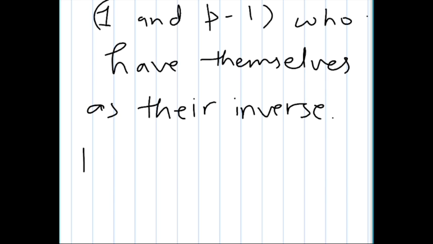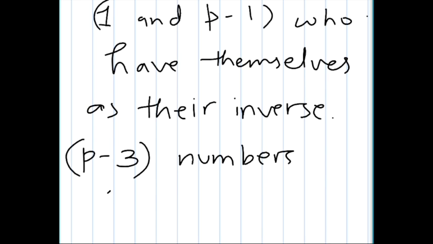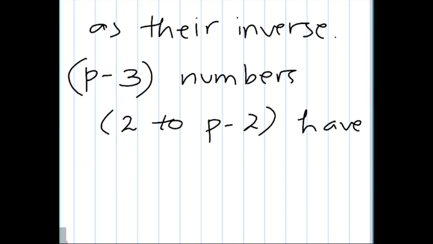So then we have p minus 3 numbers, which means the numbers from 2 to p minus 2 have unique inverses.